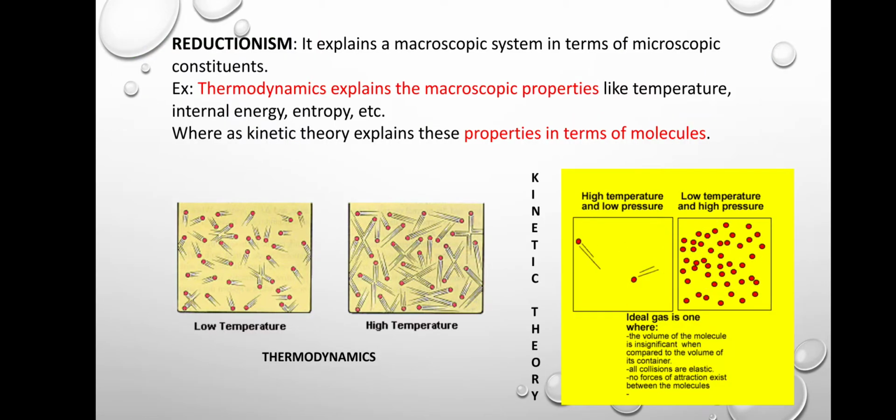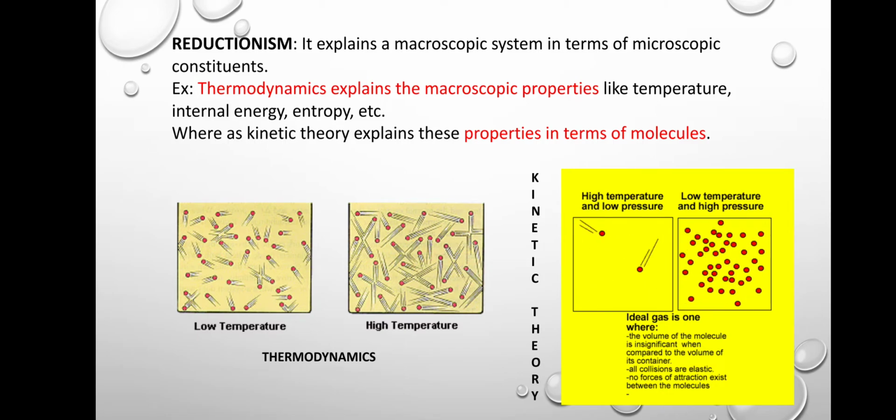Next is reductionism. Now what is this reductionism? It explains a macroscopic system in terms of microscopic constituents. Like thermodynamics explains the macroscopic properties like temperature, internal energy, entropy and so on. But kinetic theory explains what? These same properties, like temperature, internal energy, entropy, in terms of molecules.